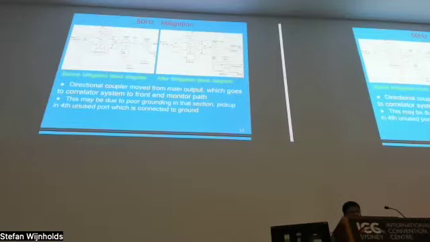This 60-to-1 monitoring was introduced to monitor the 60 signals of 30 antennas, dual polarization, one after the other, for monitoring and solving problems. For that purpose, we introduced this 60-to-1 monitoring through the directional coupler, and the main output was going to the correlator.